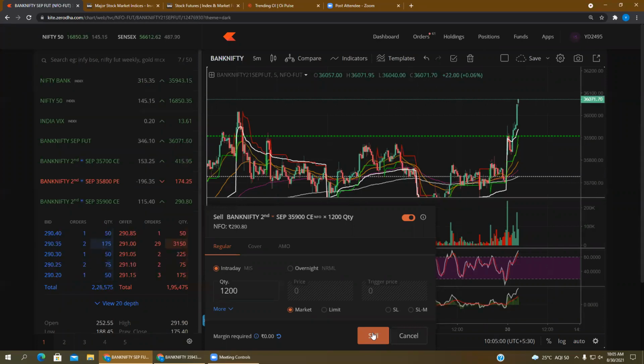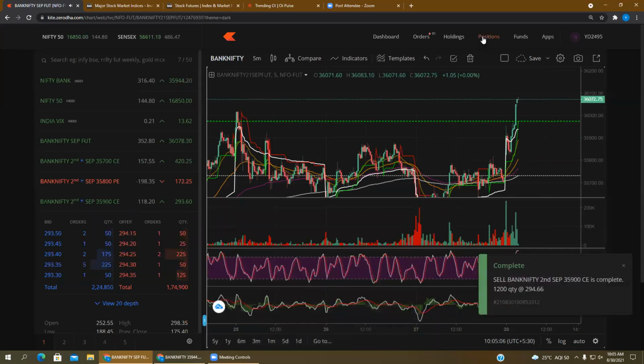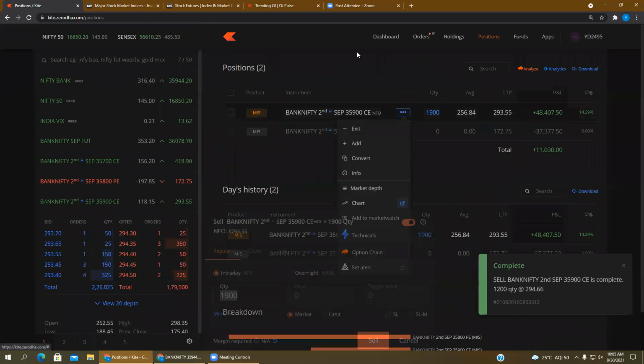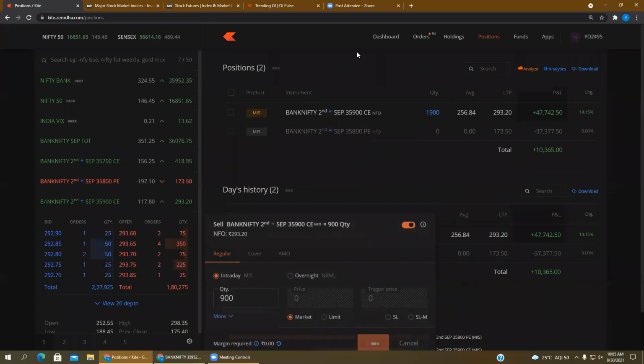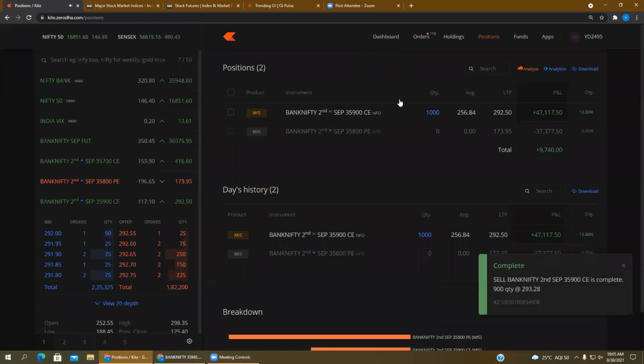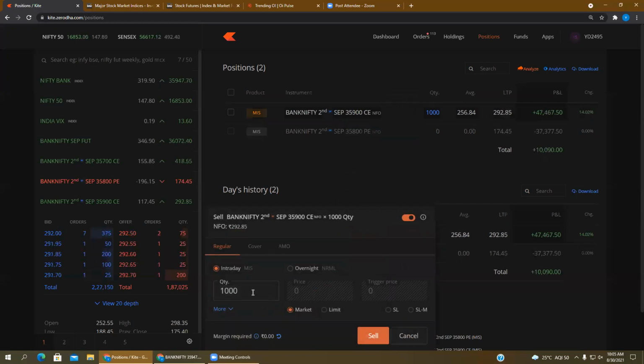Yes, Vijay S. Thakre. 95. 300. Exited 1200 at 295. Exited more 900 at 293. Now I have 1000 left. Back to positive.